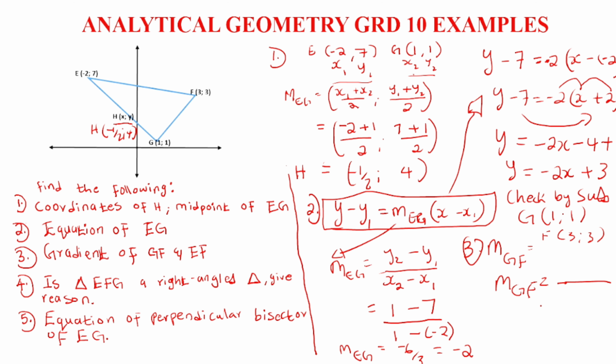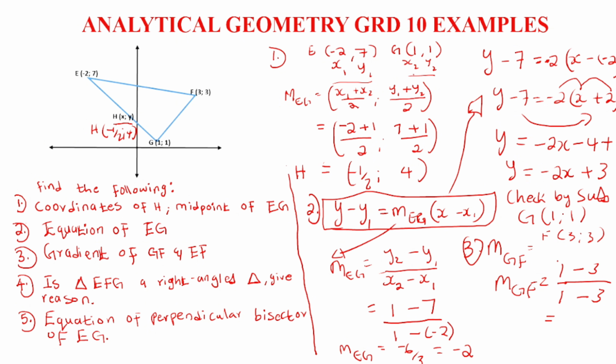All right, so now we're gonna come here and say let y1 be that one of g, which is going to be 1 minus 3, and then also here we're going to have x1 is going to be 1 minus x2, which is 3.